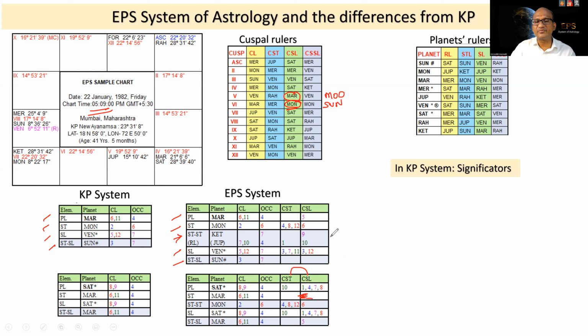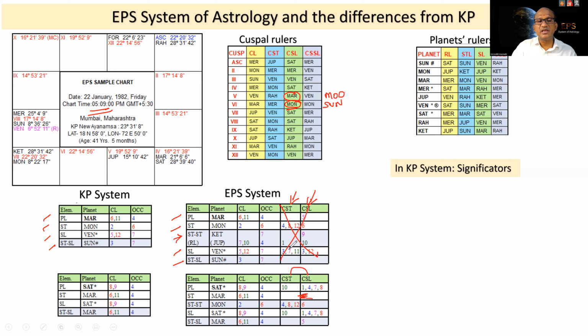How to interpret from this, as I said, I will explain in detail in the respective chapter. So in the EPS system, we can find the difference in each planet's significations, even when the minutes are changing, by way of the cuspal sublord signification and also the cuspal star lord signification.